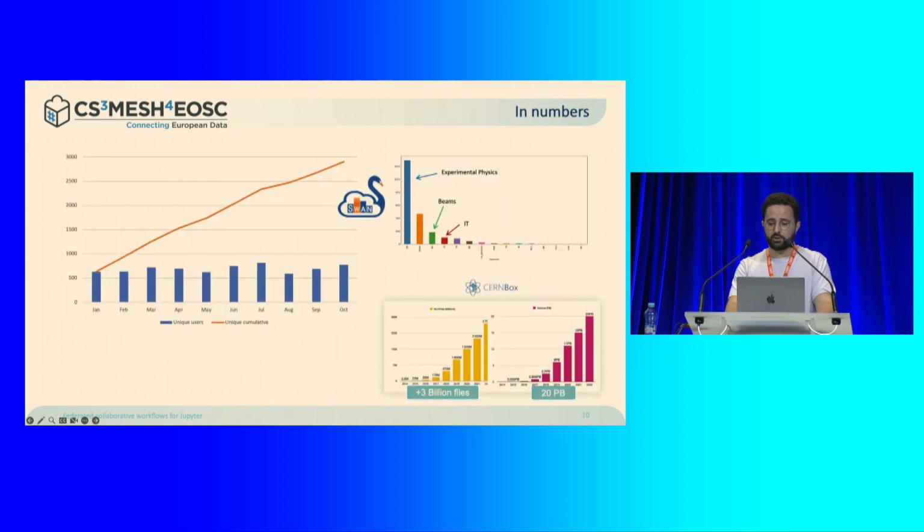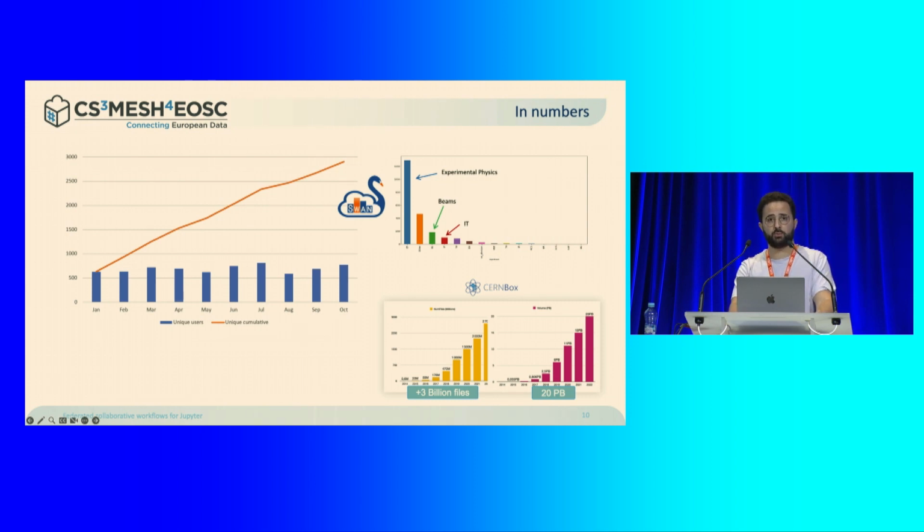Even though I mentioned that Jupyter is not the main method for doing analysis nowadays, this has been changing, and more users are picking it up and starting to use it. We have an average of around 300 concurrent users per day. We observed something like 3,000 unique users per year, so that you have some idea of the numbers we're talking about.